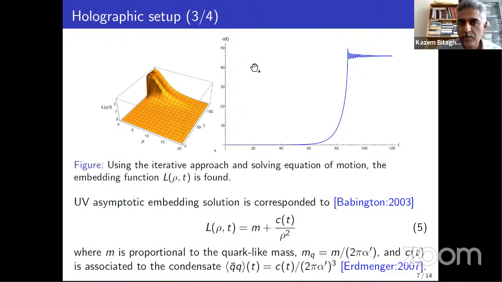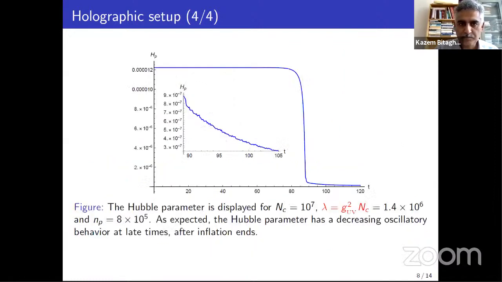Here you see the plot of c(t) versus time, and it is clearly seen that after a while we have oscillating behavior around the true vacuum, which is very interesting, and we should study other parameters in the theory to see if it works for inflation or not. Okay, the next step, we study the Hubble parameter to answer this question.